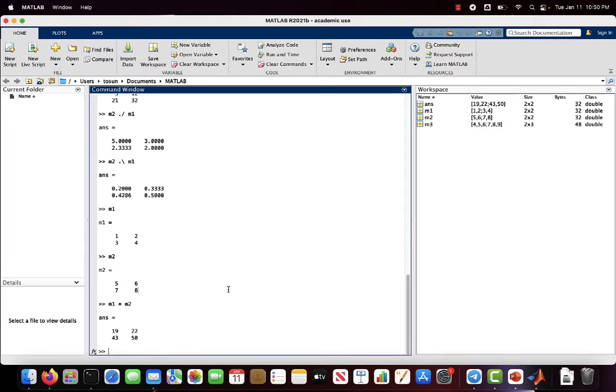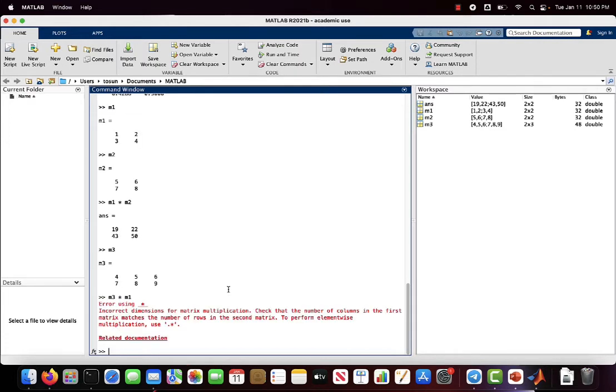And let's remember M3. M3 was a 2 by 3 matrix. Let's try to multiply M3 and M1. As you can see, it will throw an error. Why? Because the column count of the first matrix is not the same as the row count of the second matrix.